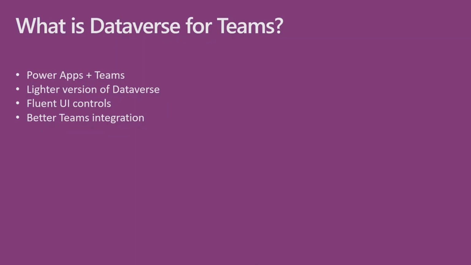One thing that I really like about Dataverse for Teams, which is not yet available in the Dataverse app maker, is that you can edit tables using the table editor, almost like Excel. You open a table, you start entering data, and it gets saved. I think that's pretty cool. So when I say it's a lighter version, I'm not diminishing what Dataverse for Teams is. It has a few features that are better than full Dataverse, but some of the rich features that you get with full Dataverse are not available in Dataverse for Teams.